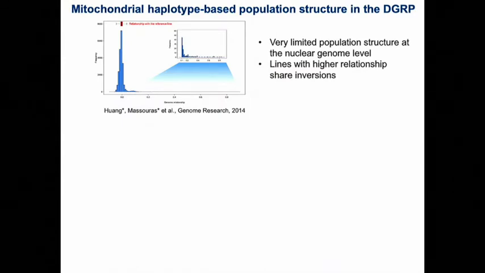Now, as you may have heard from Trudy also, one of the peculiar things about the DGRP is that very little population structure has been detected based on the nuclear genomic variation. This is somewhat illustrated here, where you see the pairwise relationship between individual lines. You can have a total of 20,000 or so pairwise comparisons.